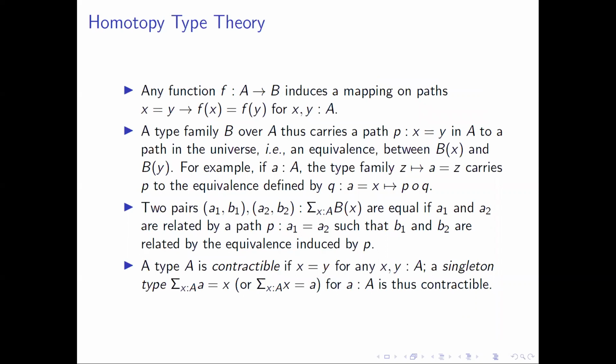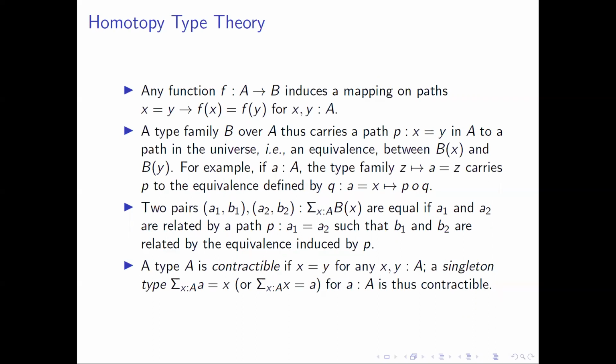And so here are some actual notions that we will be needing for our technical development later on. So of course, every function from A to B has a functorial action on paths, and a type family B over A is a function from A into the universe, so it also has an associated functorial action.